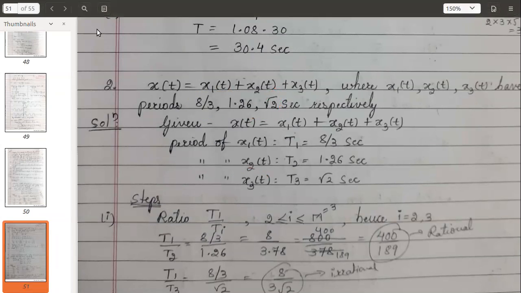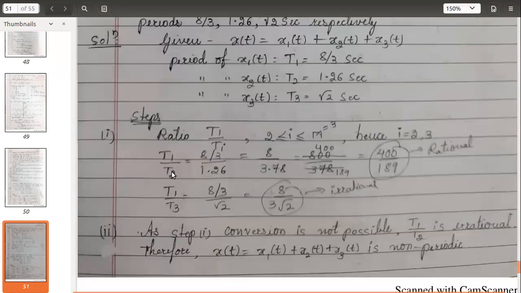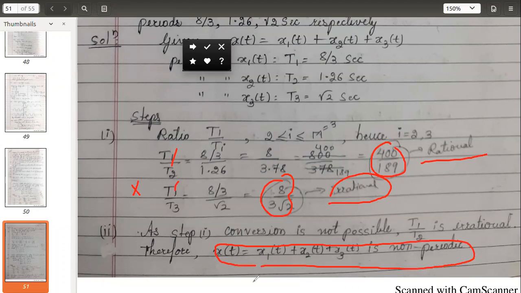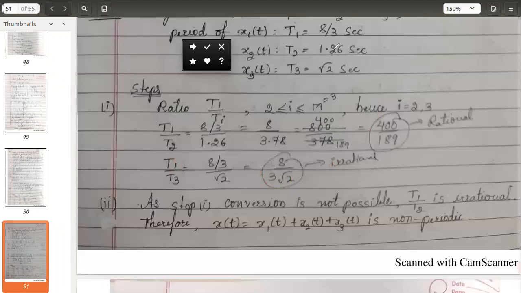If you calculate T1 by T2 and T1 by T3, one ratio will be rational but the other will be irrational. So the first step is not successful, and because of that the signal is non-periodic. This is the second problem.